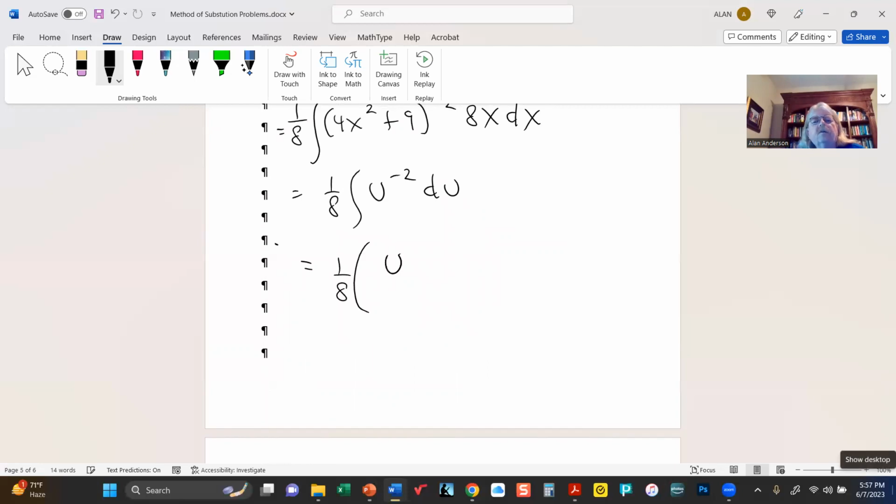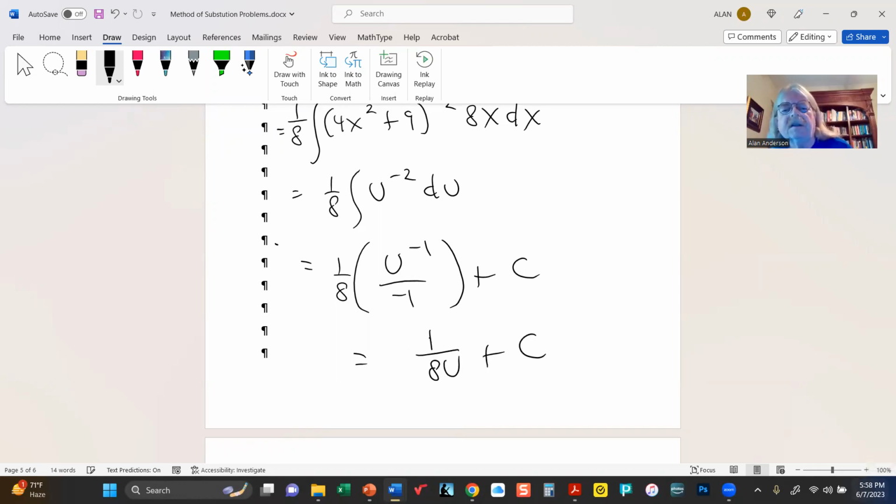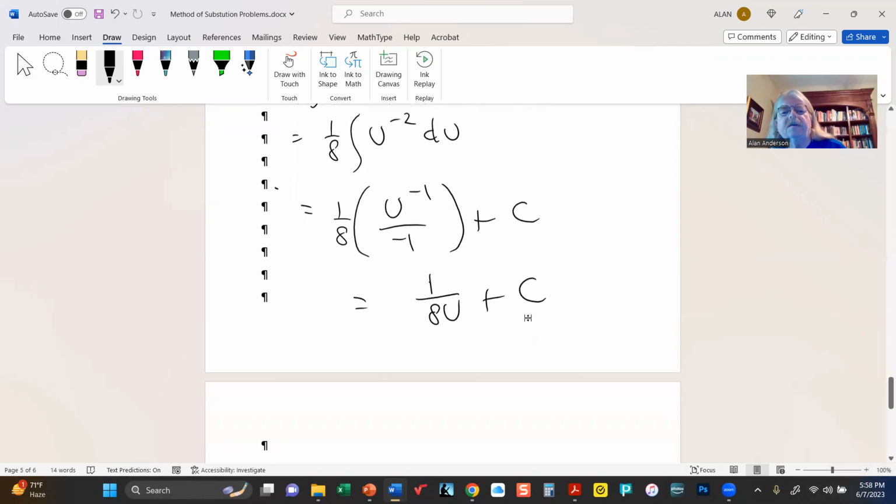And again, using the power rule, we'll have this, or we can simply rewrite it as, well, since it's u to the minus 1, if we want, we could write it as 1/8u plus c. That's a possibility. We don't have to.